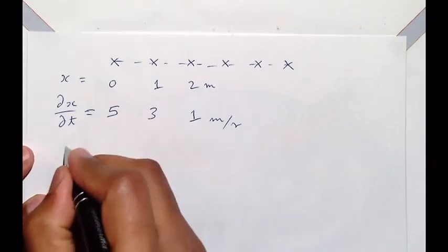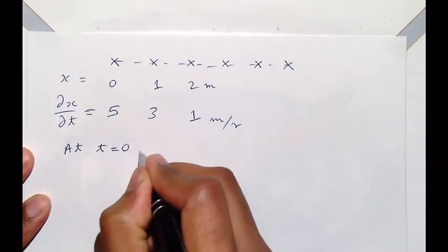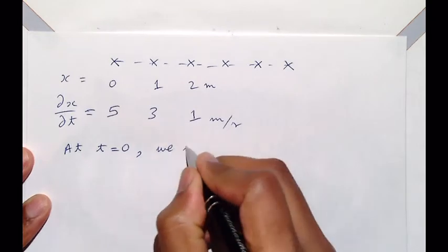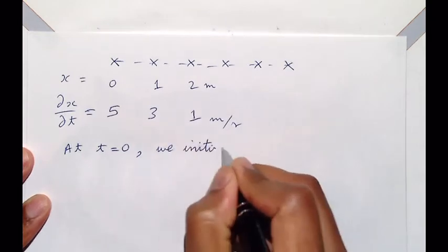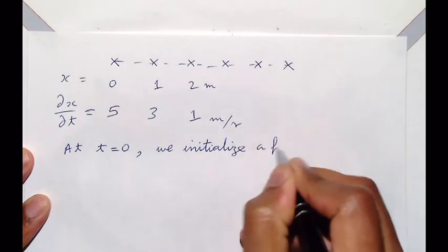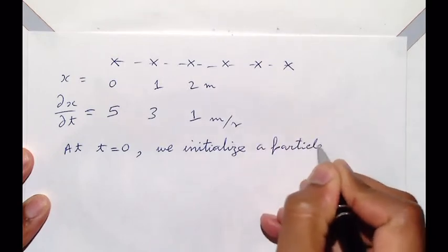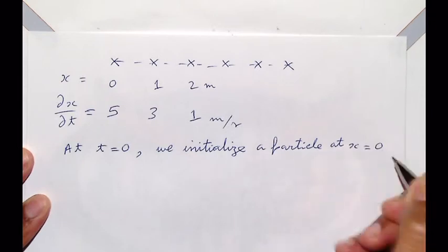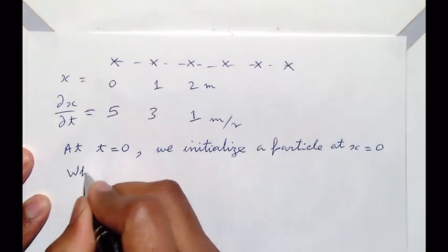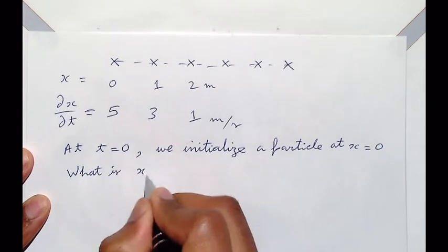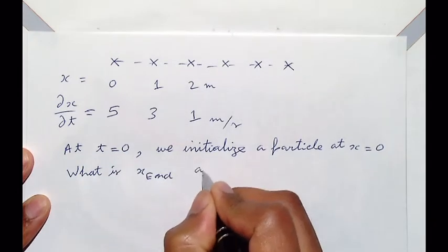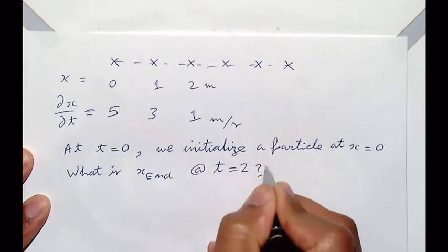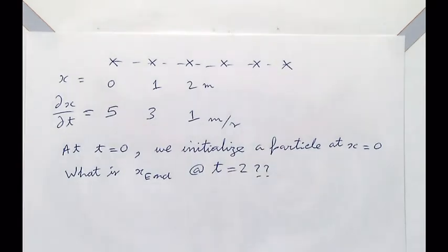So at t equals 0, we initialize a particle at x equals 0. What is x at t equals 2? Again, we are sticking to very simple examples, but it all builds up to the advection equation, which is what we were initially after.